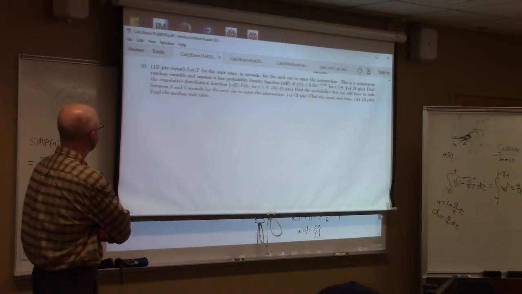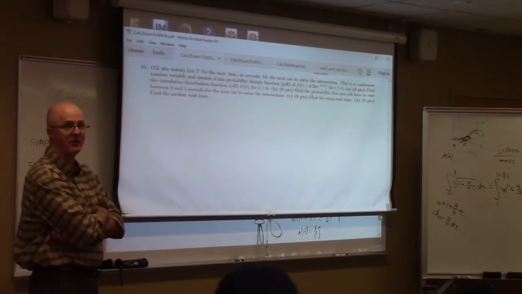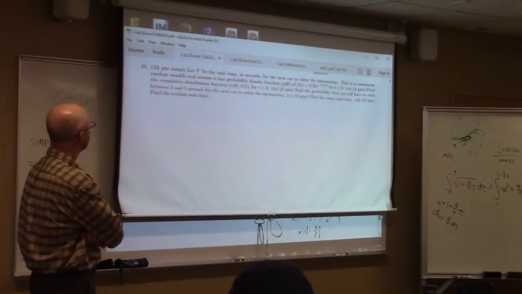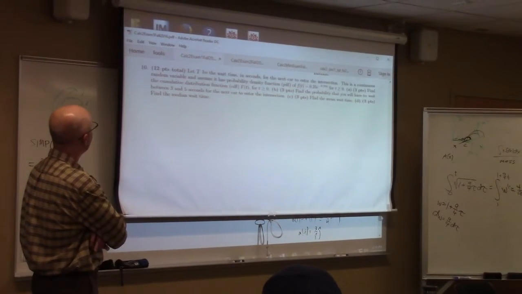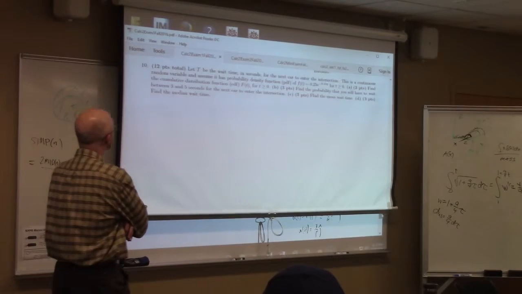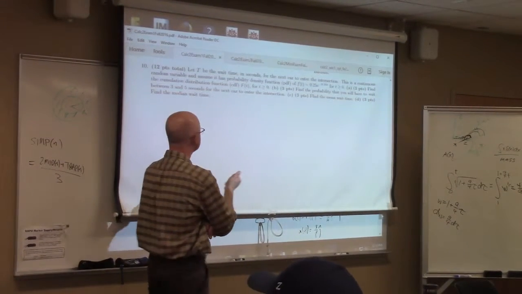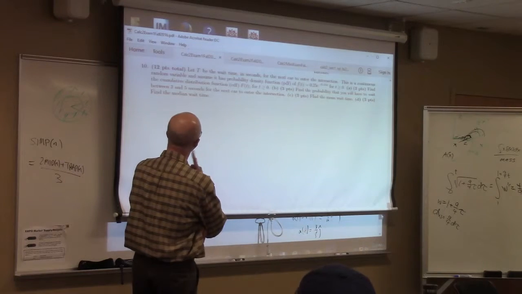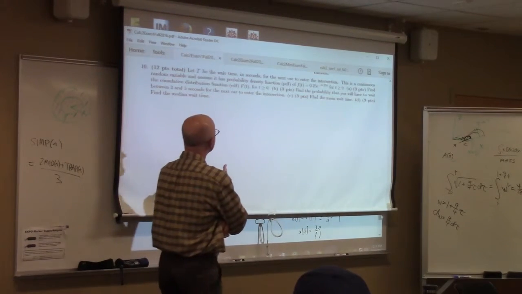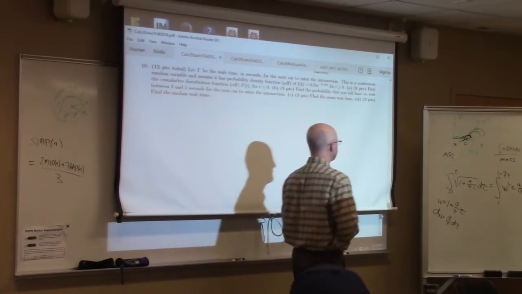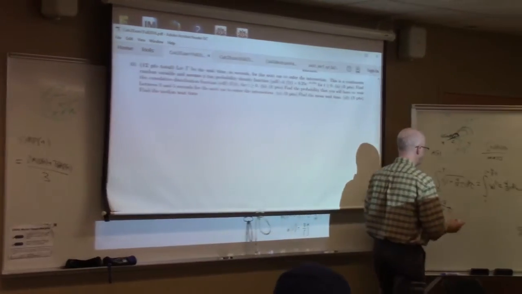This was a probability problem, not actuarial stuff, just plain probability. We've got a PDF. Remember that you integrate PDFs to find probabilities, and in part A we're finding the CDF. You've got to find an antiderivative of the PDF, but it's not just any old antiderivative.